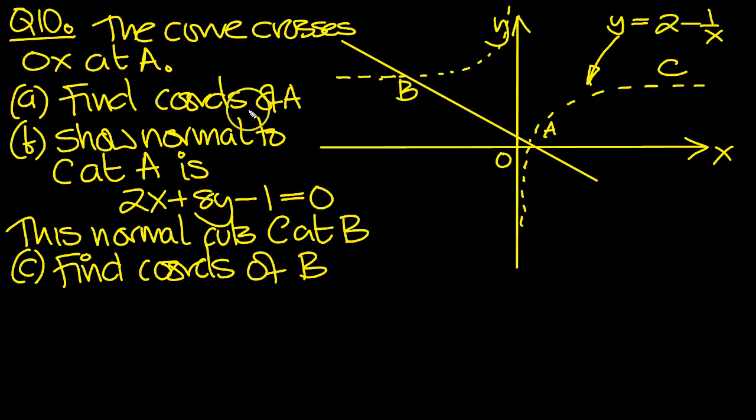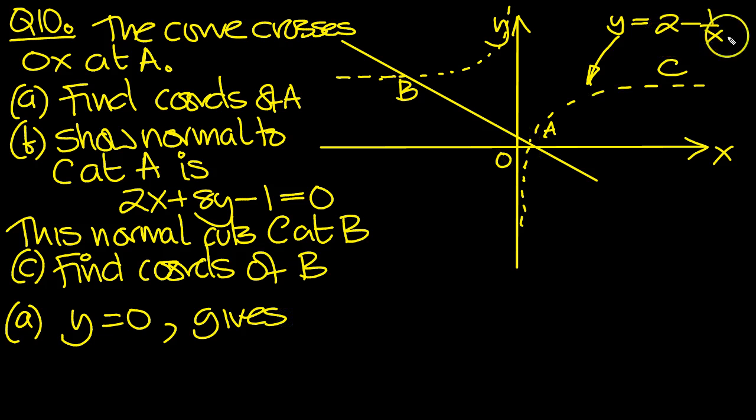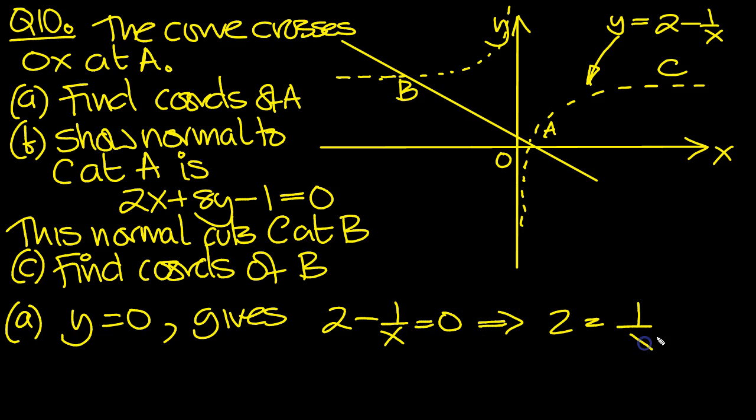So the first thing to do is find the coordinates of A, and that was when this curve cuts the x-axis, doesn't it, when y equals 0. So for part A, y equals 0 gives 2 minus 1 over x equals 0. So move the 1 over x over, 2 equals 1 over x.